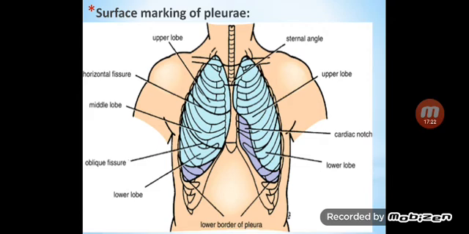زين. منين راح تبدأ؟ The cervical pleura starts at the sternoclavicular joint. Right, you remember the sternoclavicular joint between the sternum and the clavicle. There is articulation. We talked about it in the first lecture.